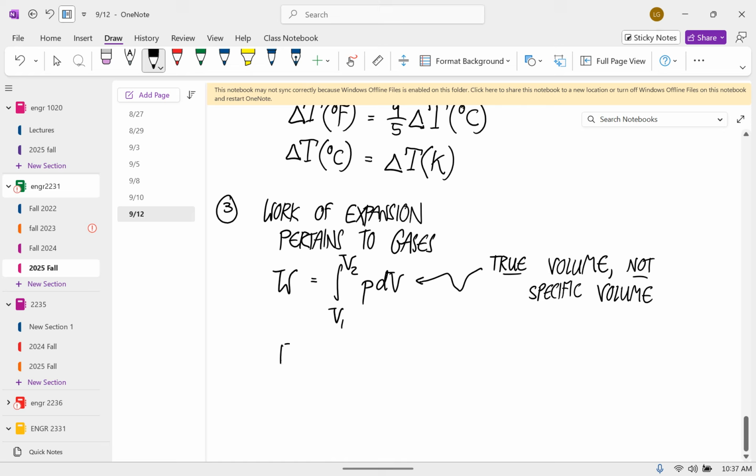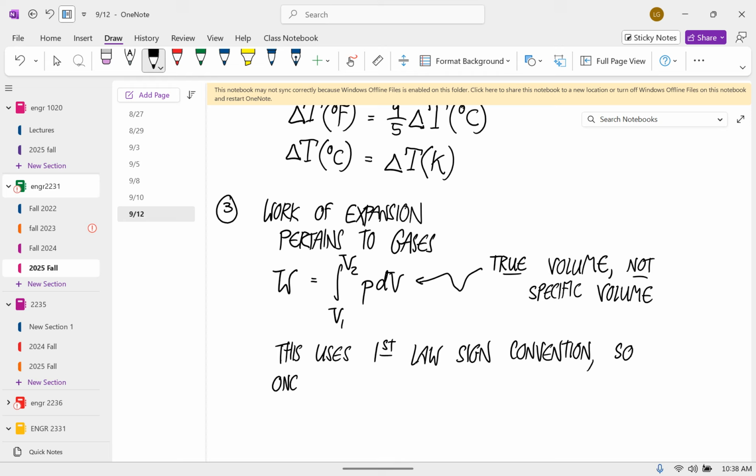This uses the first law sign convention. So once you calculate the integral, you can plug it right into the first law.